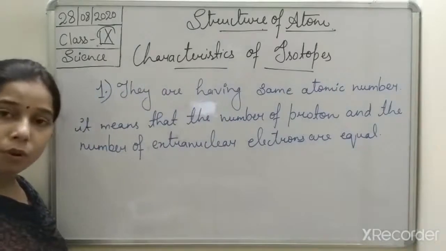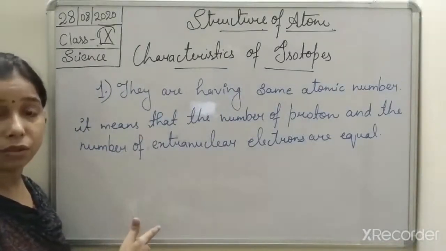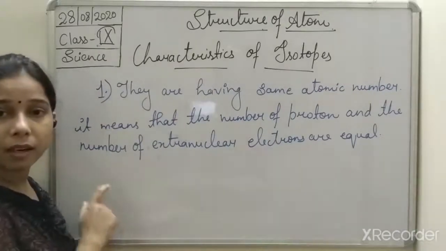The number of protons in all the isotopes is equal, and as you have seen in the electronic configuration, the extranuclear electrons are equal.